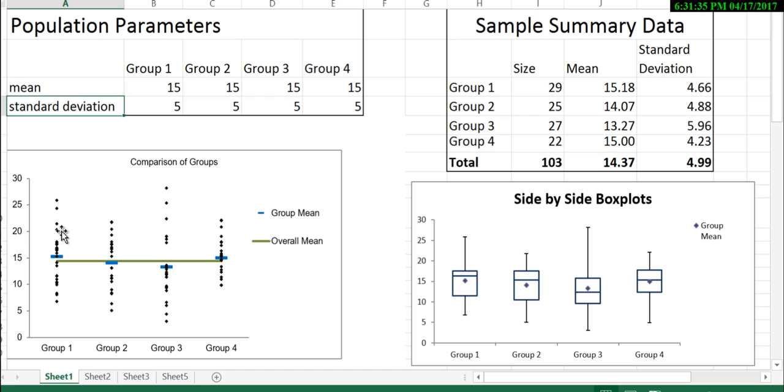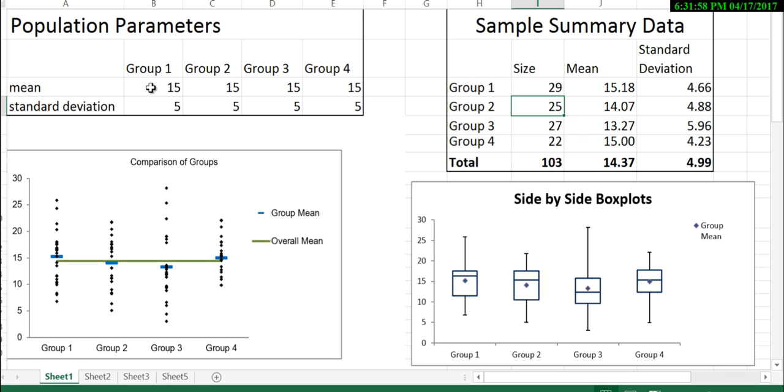I'm going to put here some little dot plots, where you have a dot for each value when I take a sample, and then a box plot. It's about the same thing, but they look a little bit different. And then up here you can see the sample summary data. I took sample sizes of 29, 25, 27, 22. I have my means and my standard deviations.